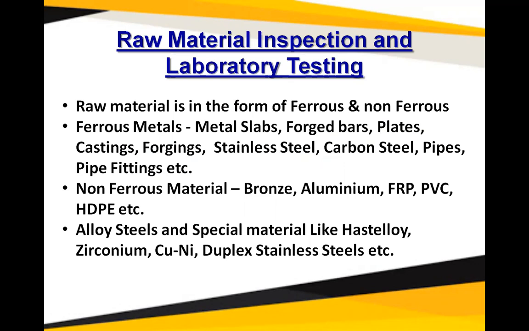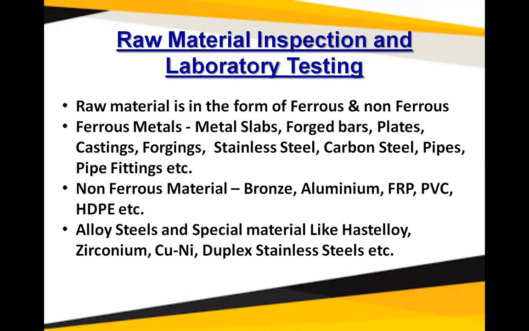Generally, you have seen that the raw material is in the form of ferrous and non-ferrous metals. These ferrous metals are metal slabs, hose bars, plates, castings, forgings, stainless steel, carbon steel, pipe fittings, etc. And non-ferrous materials are bronze, aluminum, FRP, PVC, HDPE, etc. Also, the alloy steels and special materials like Hastelloy, zirconium, copper, nickel, duplex stainless steel, super duplex steels.